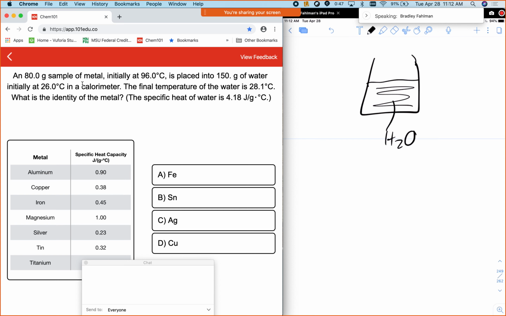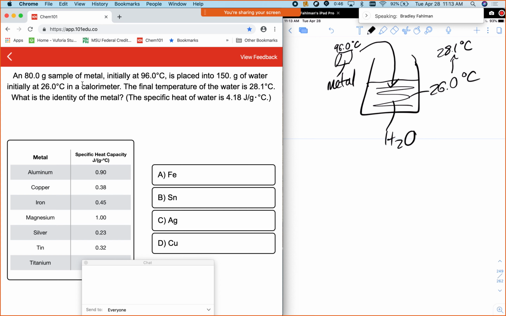And then you've got this piece of metal, let's say a cylinder of metal, that is at 96 degrees Celsius, and this water is at 26. You put this hot metal into the cool water, and not surprisingly, the water temperature will go up. It's now going to go to 28.1.